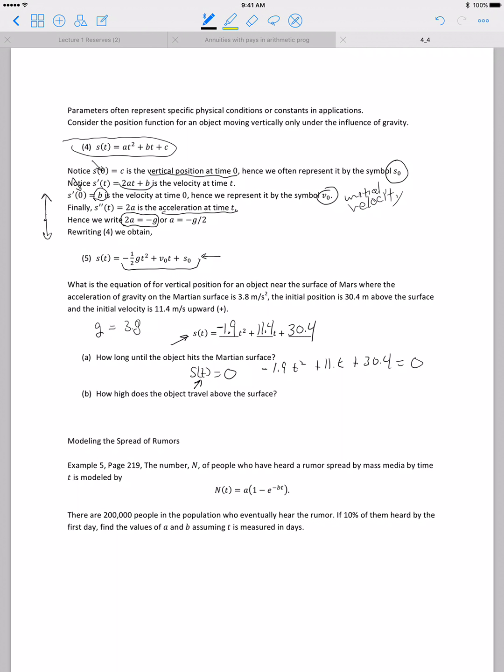If we divide both sides by negative 1.9, I get t squared here, the first term. 11.4 divided by negative 1.9 is minus 6t. And then 30.4 divided by negative 1.9 is negative 16.